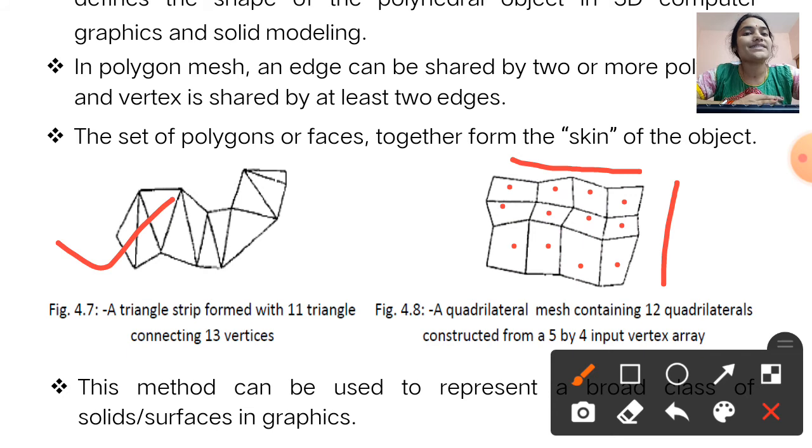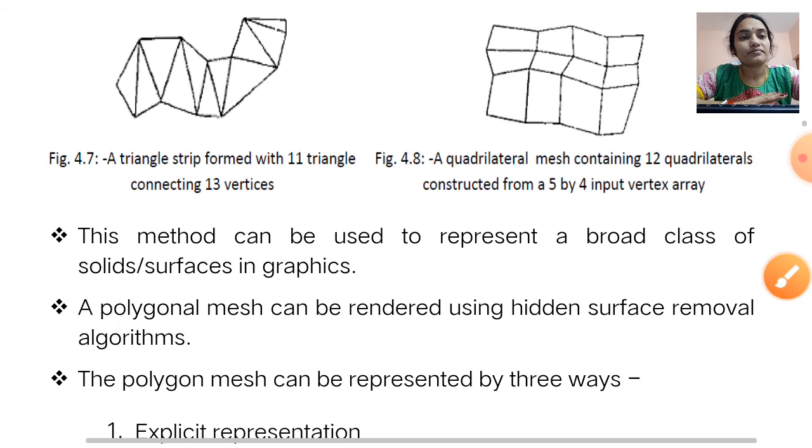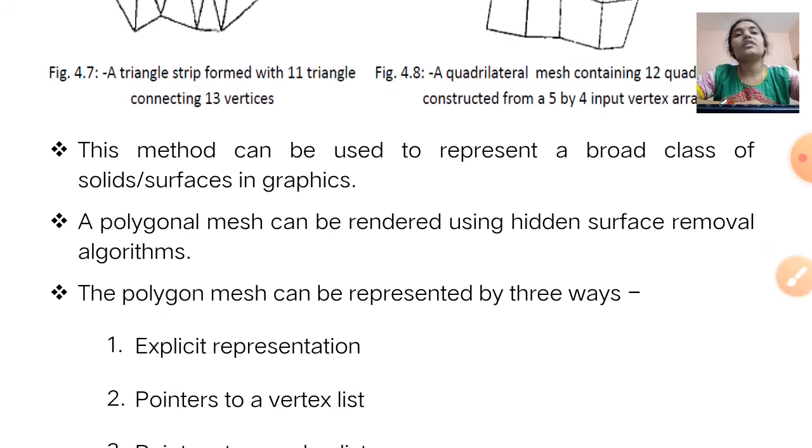So a polygon mesh can be represented in triangular strips and also in quadrilateral strips. This method can be used to represent a broad class of solid surfaces in graphics.